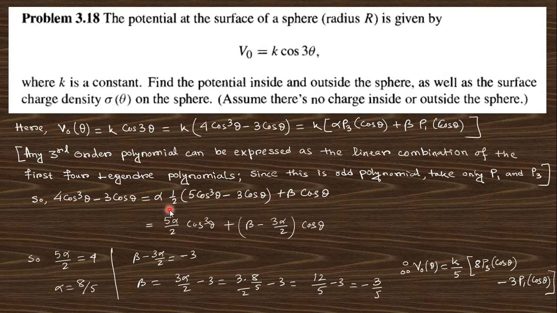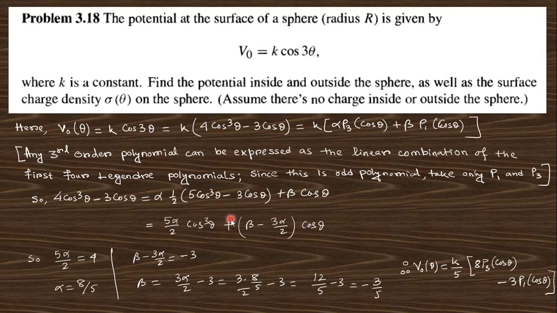So if you relate this with P1 and P3 and compare both sides, put the linear combination, alpha times P3 plus this times P1, and put in these values of P3 and P1.